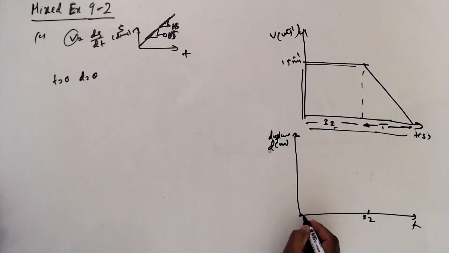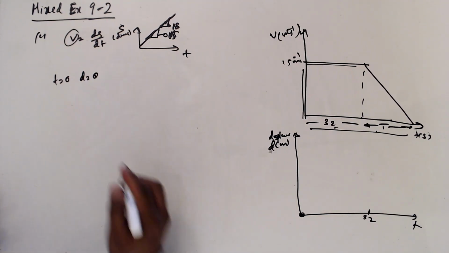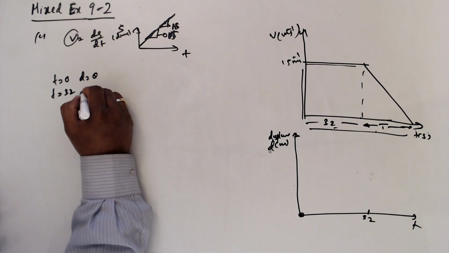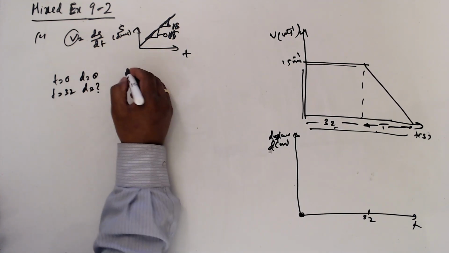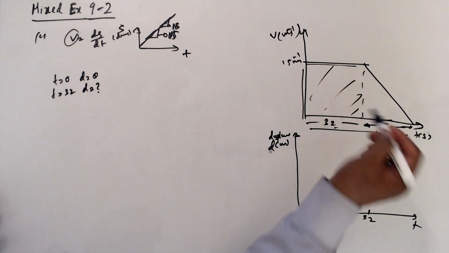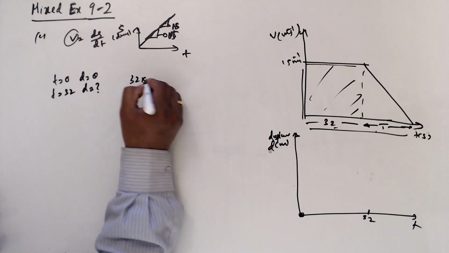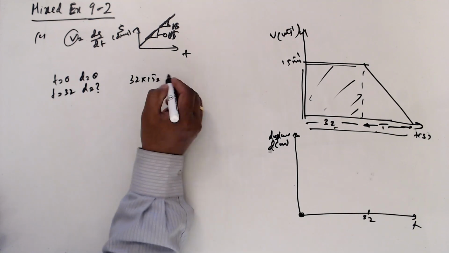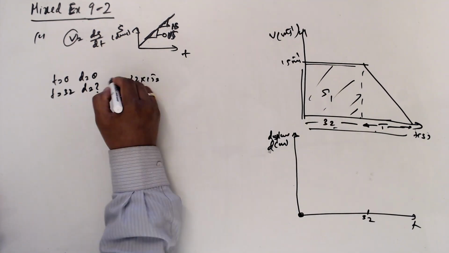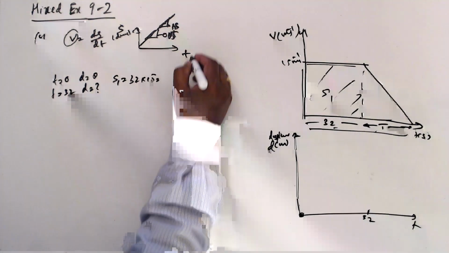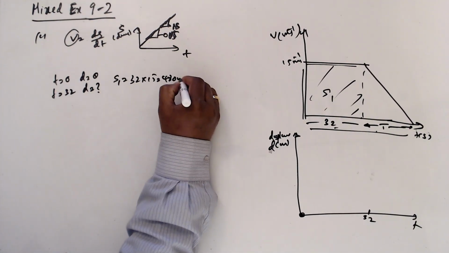So this is the starting point. And at t equals 32, I need to find the distance. So I need to find this area. What is this area? 32 times 15, that is 480 meters.